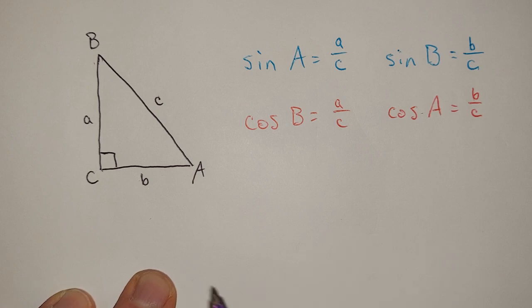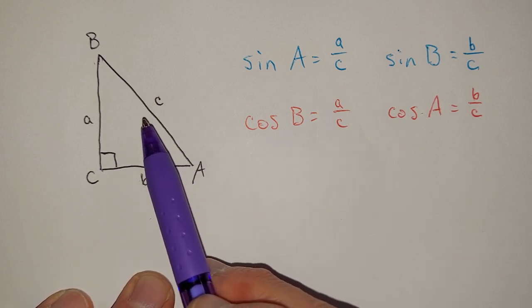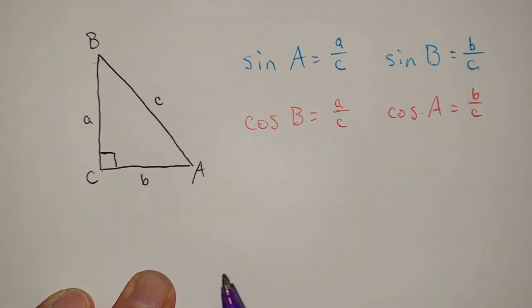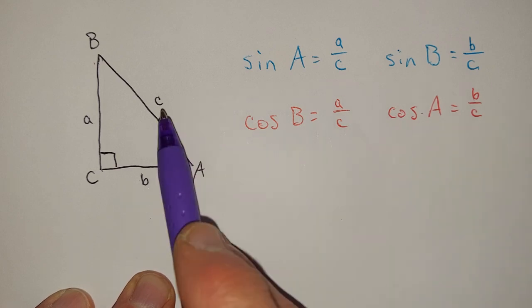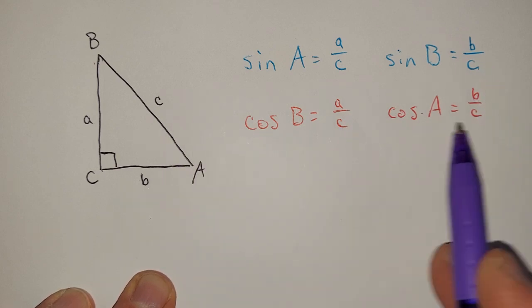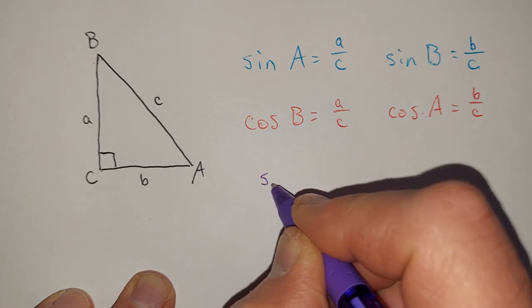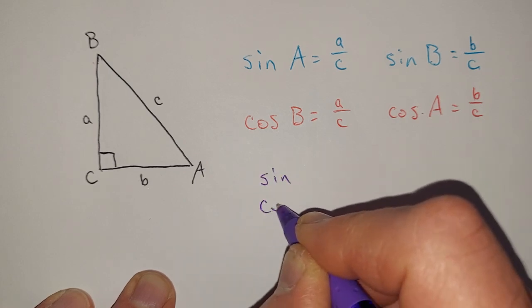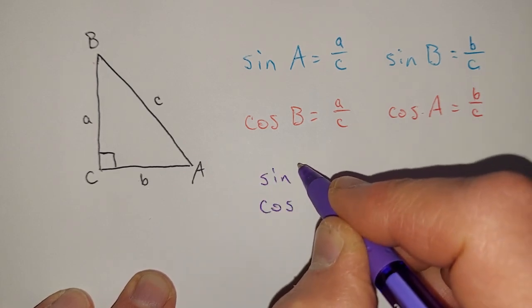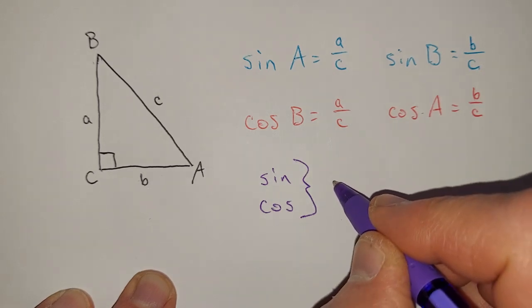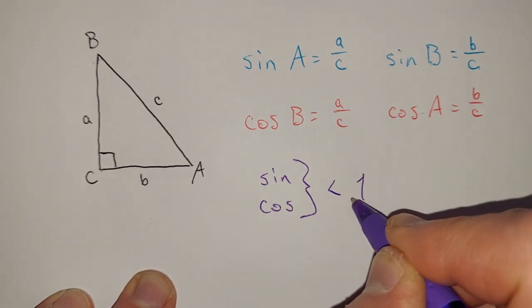Now, notice that the hypotenuse is always the longest side. And in all of these, the hypotenuse is in the denominator. This means that the sine and cosine of an angle are always going to be less than 1.